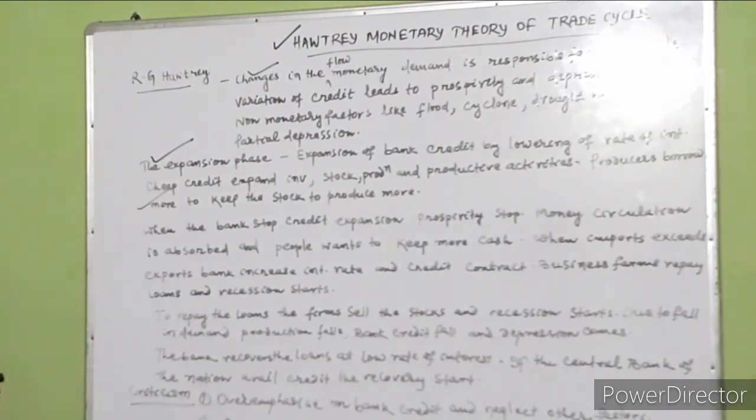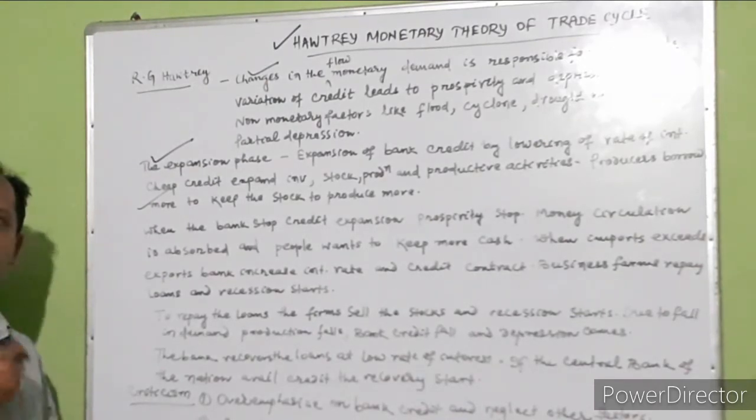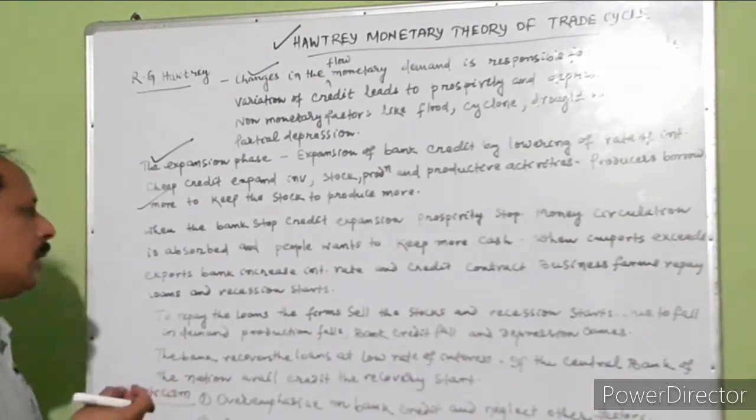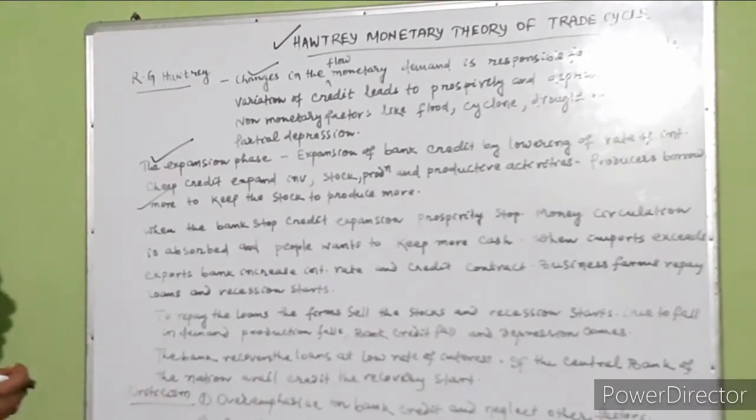How can we revive out of this situation? That is how the central bank of the economy plays the prominent role by lowering the rate of interest of the commercial banks, so that the economy revives. When credit is available in the economy, recovery starts, and gradually recovery and prosperity of the economy will come again.